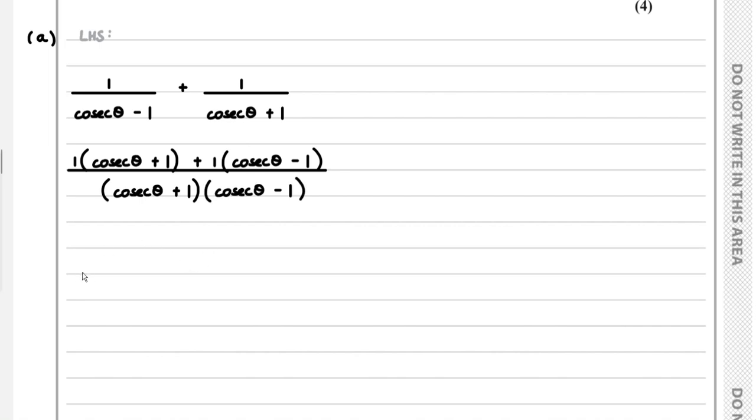Now, on the top, we've got cosec theta plus another cosec theta, and then we've got 1 subtract 1, so we end up with, on the numerator, 2 cosec theta, and for the denominator, cosec theta plus 1 multiplied by cosec theta subtract 1, that's quite simply cosec theta squared subtract 1.